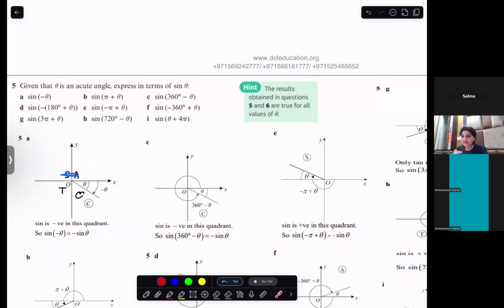Normally we go clockwise, but whenever we have a negative angle, I would go in the anti-clockwise direction. That would be my negative theta. But I also know that sine is reflecting around the y-axis, so sine theta is negative here also.